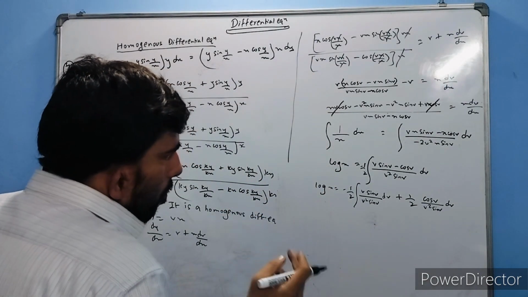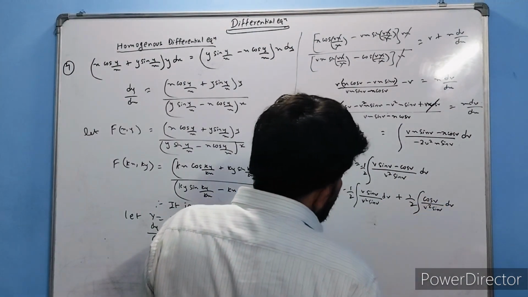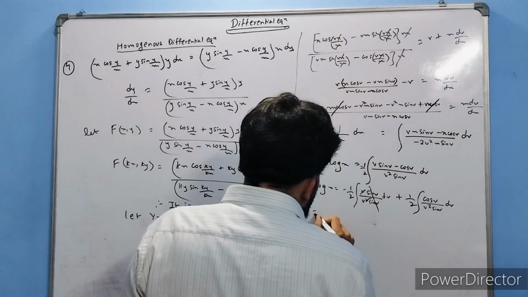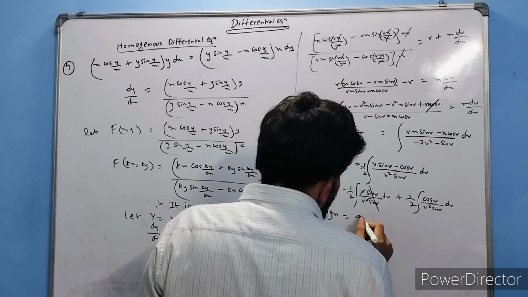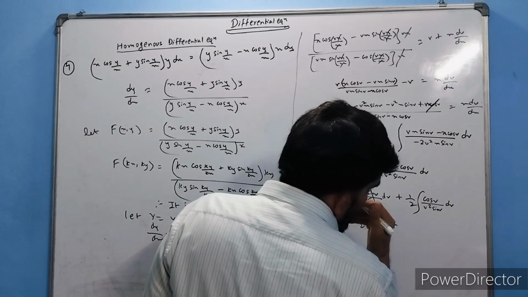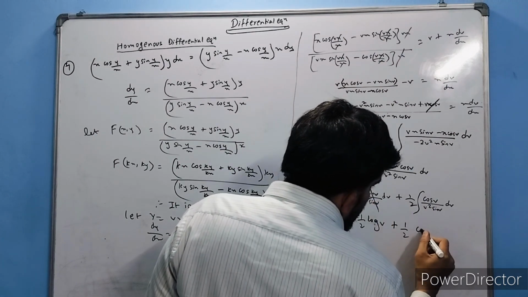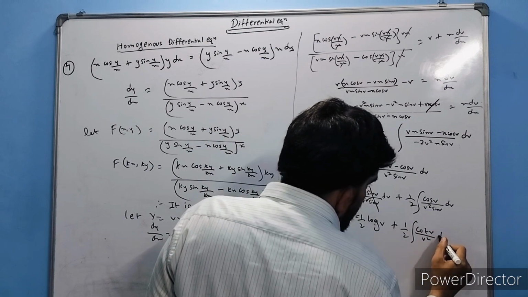So now I have taken this, so log x is equal to minus half log v plus, here it will be 1 upon 2 cot v upon v square dv.